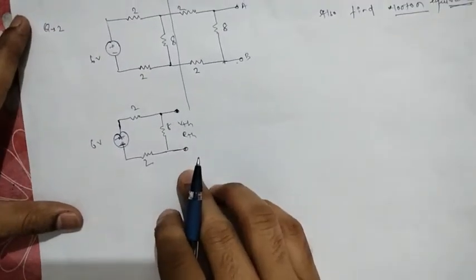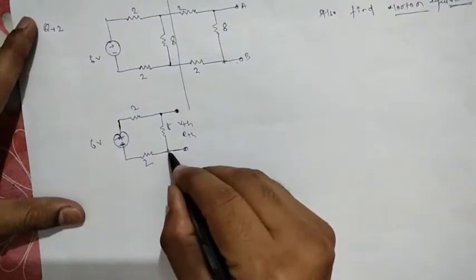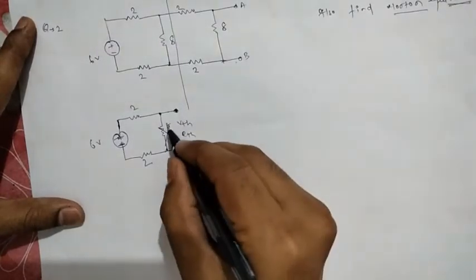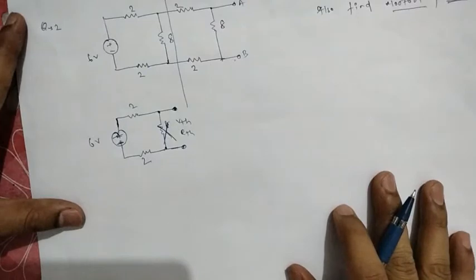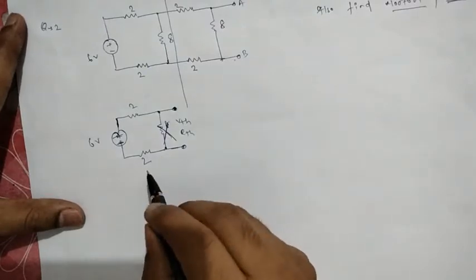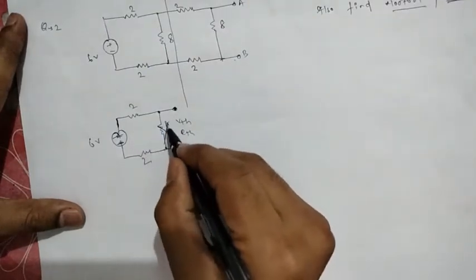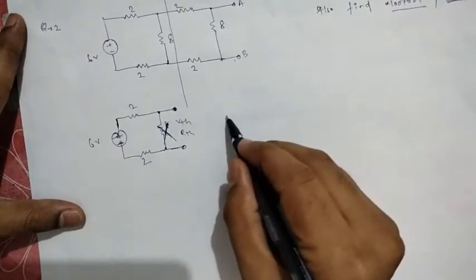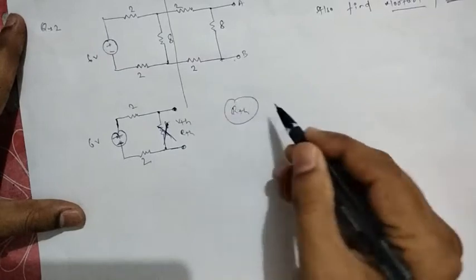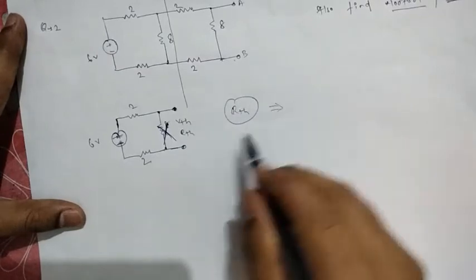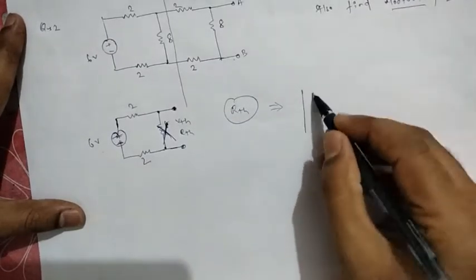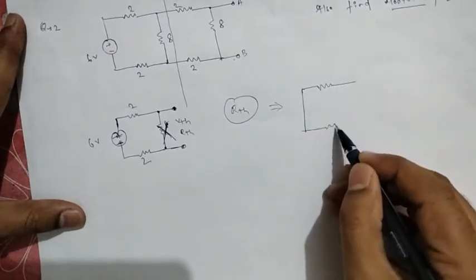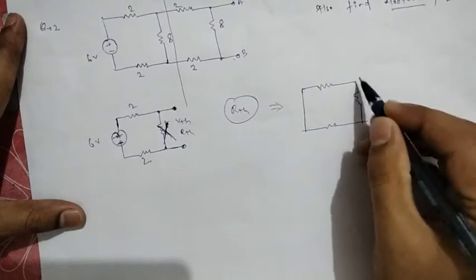Now for calculating VThevenin or RThevenin, what do we do? We just remove this RL. Now for calculating the RThevenin, we short circuit the voltage source. Now this is 2, this is 2, and this is in parallel.